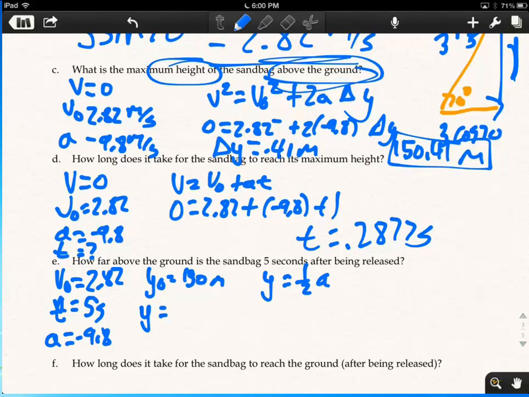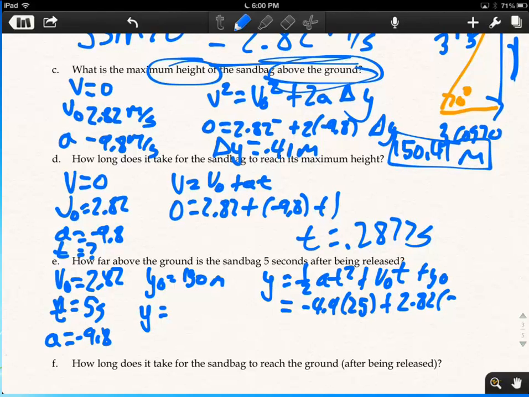Y equals 1/2 at squared plus v naught t plus y naught. So we're going to have y equals negative 4.9 times 25, that's 5 squared, plus 2.82 times 5 plus 150.